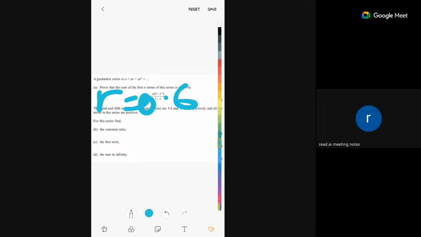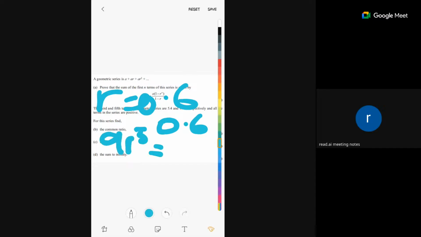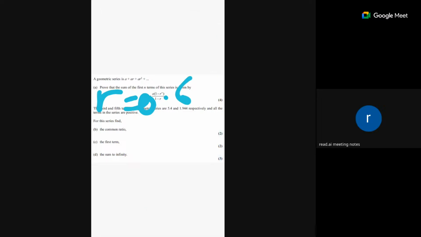Now I've got r to be 0.6. The next one is the first term. To get our first term, I can use either the third term or the fifth term.